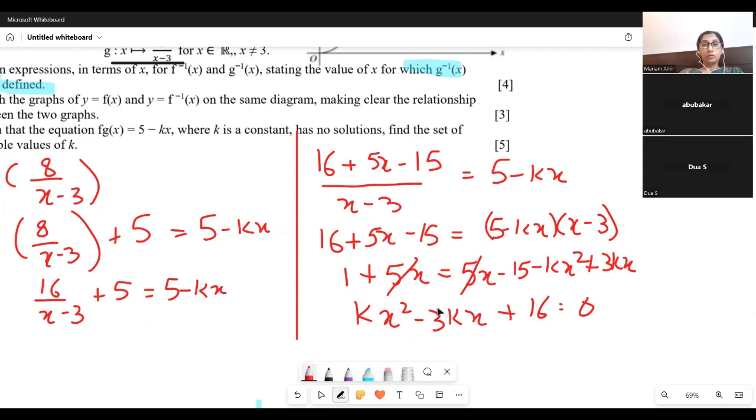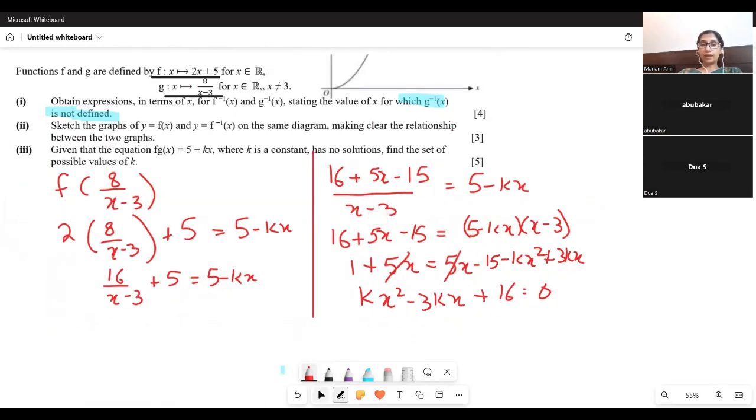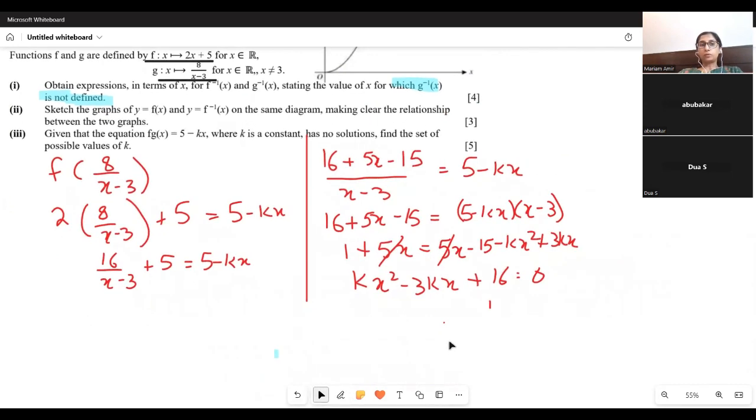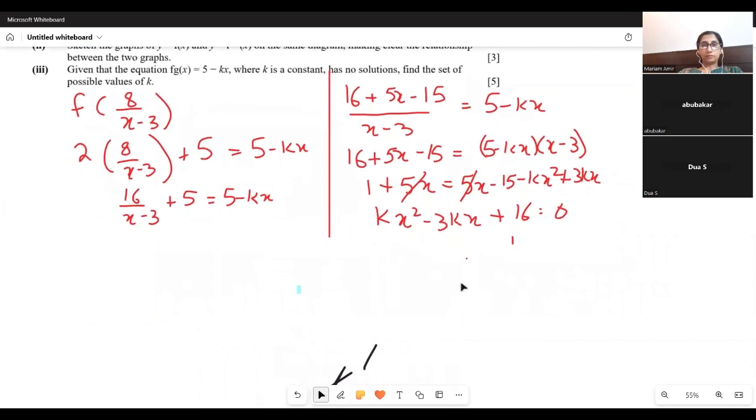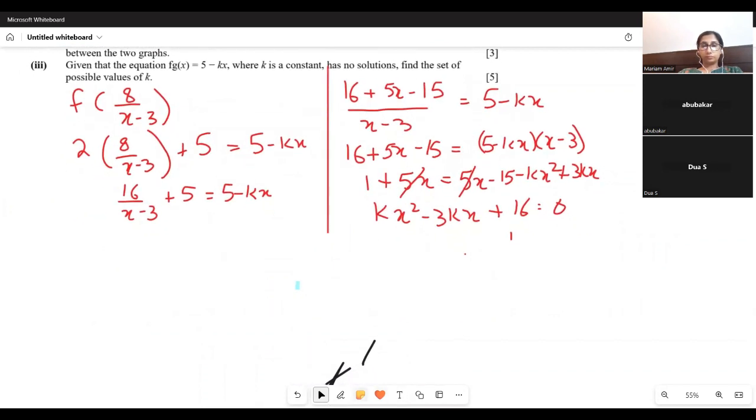Okay. So if there's no solution for this quadratic equation, that means what property of discriminant? Less than 0. Yes, less than 0. Okay, so the discriminant is less than 0.